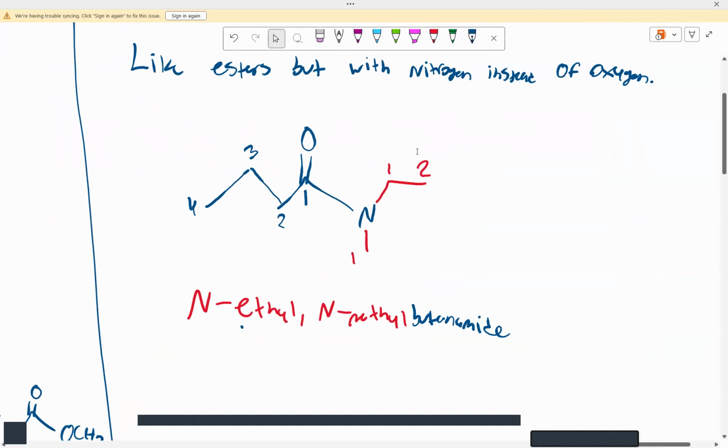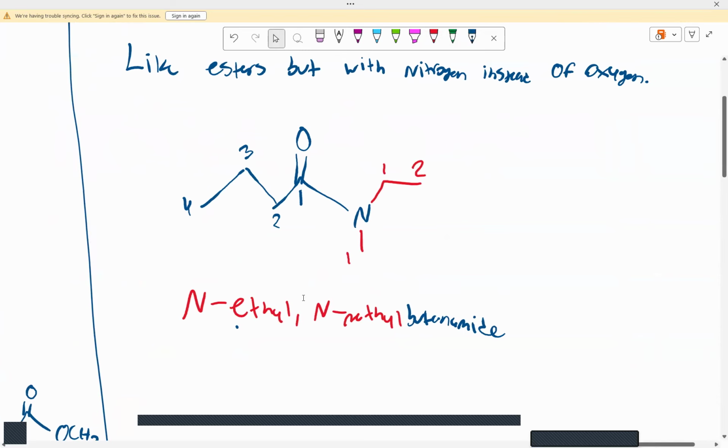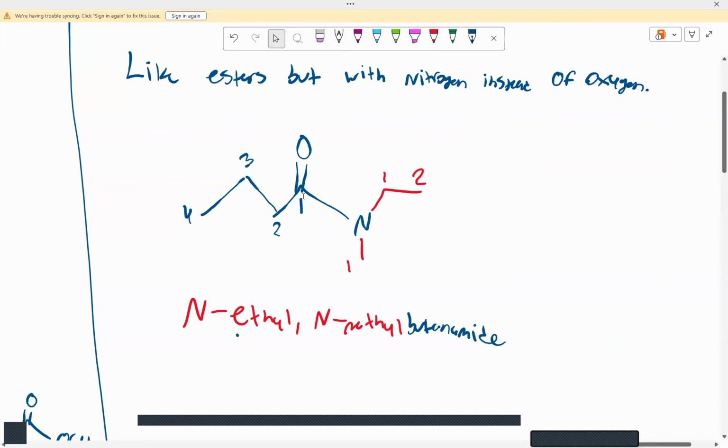So remember when you're naming stuff, you always want to go for the substituents, and in general, you always want to go in alphabetical order. So I have my N, so A, B, C, D, E, ethyl comes before methyl. And again, since your parent will have the amide in it, that will be what has a carbonyl.